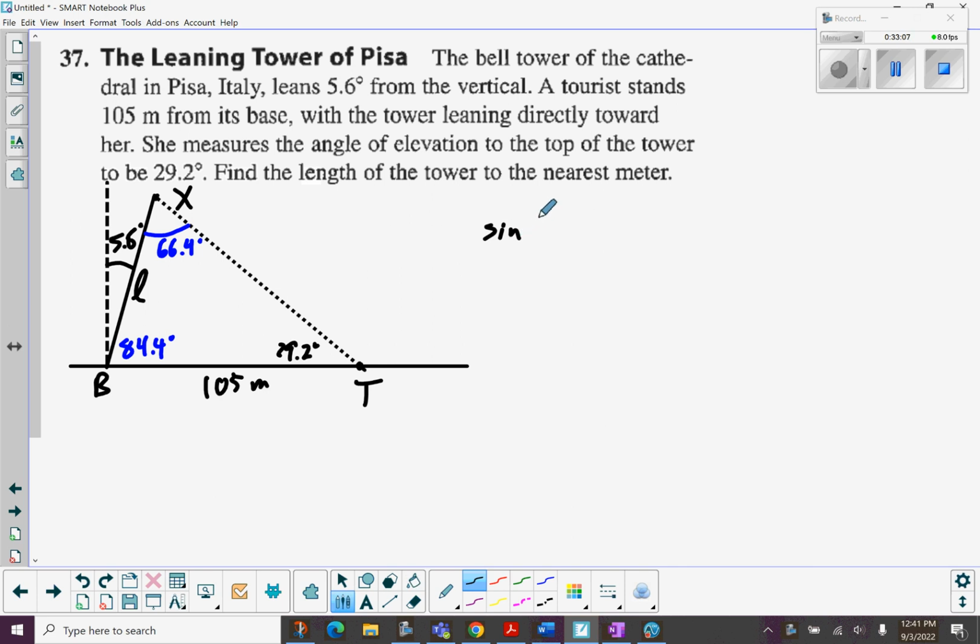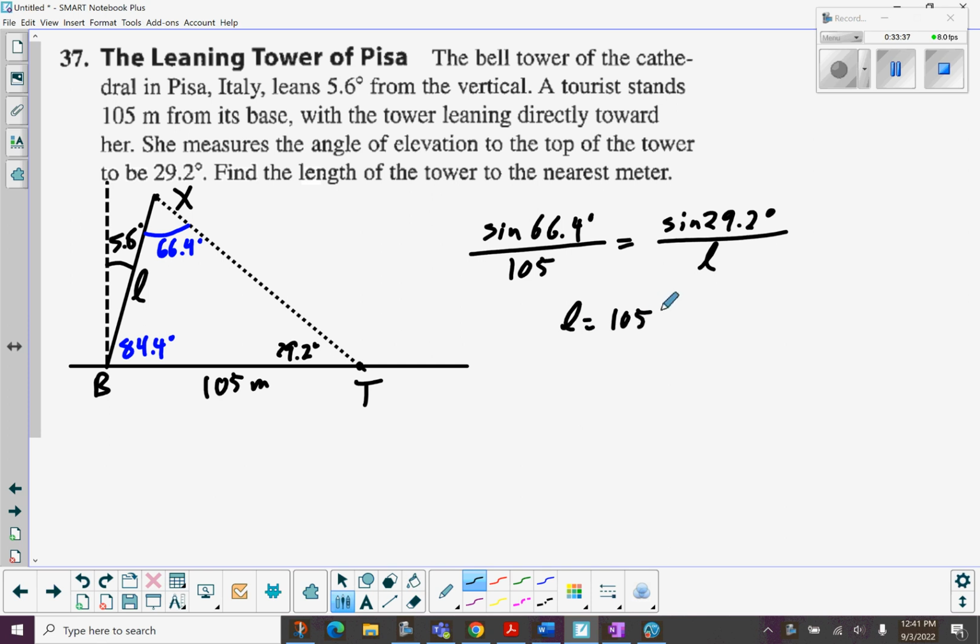So the sine of the 66.4 degree angle divided by that distance of 105 should be proportional to the sine of 29.2 degrees divided by the length of the tower itself. Again, find our cross product here.